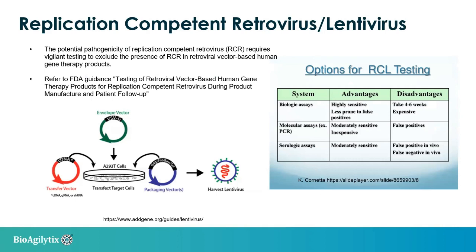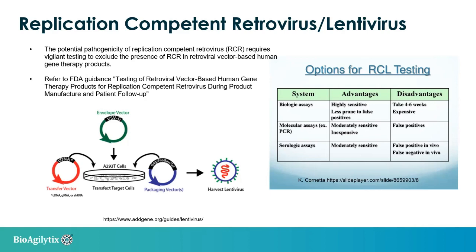Another application of PCR method in cell therapy is to test for replication-competent retrovirus or lentivirus. Gamma retrovirus and lentivirus vectors are commonly used to introduce transgenes into cell therapy products. Those retrovirus vectors are ideal for delivery and stable integration of the gene of interest into the host cell genome.